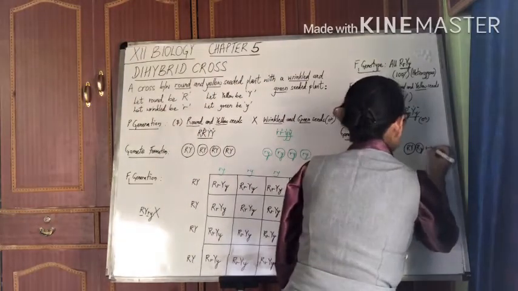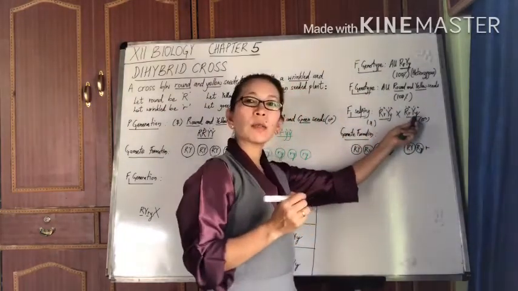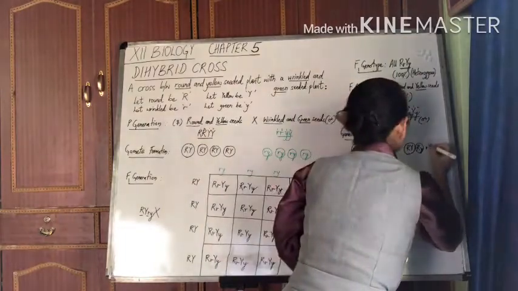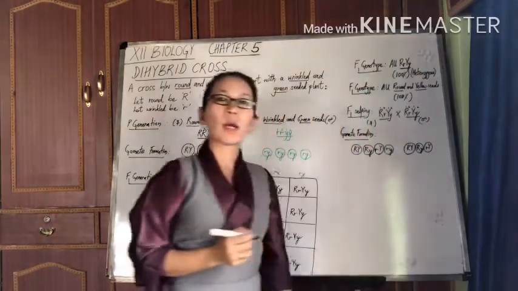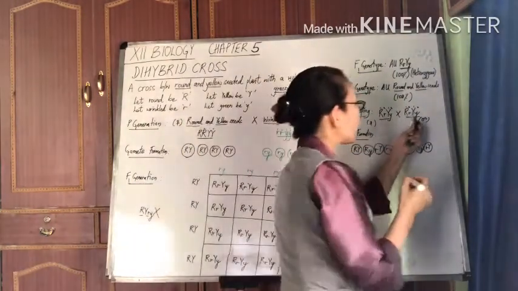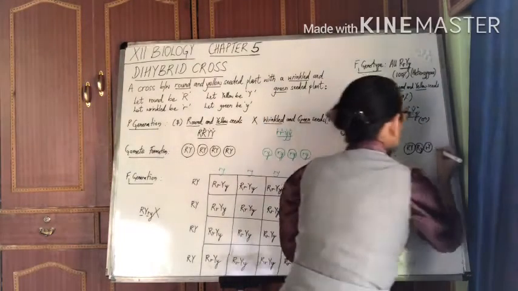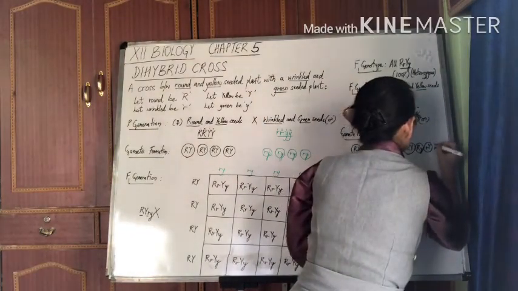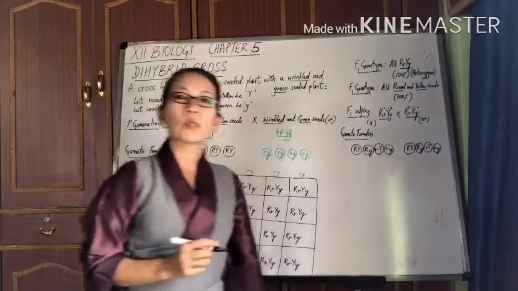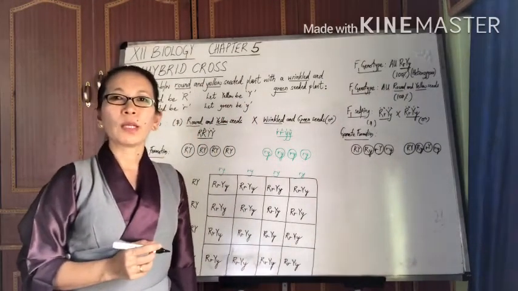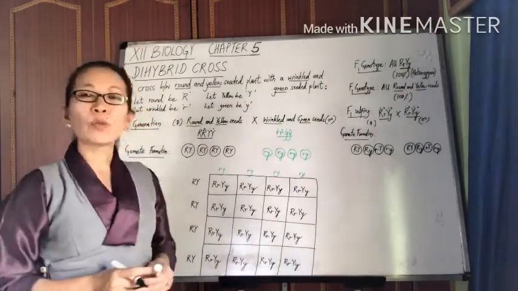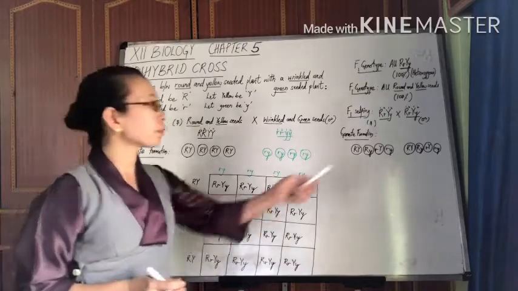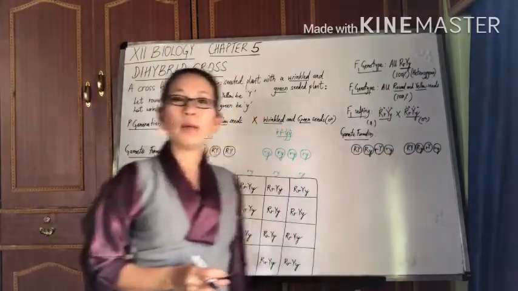The third male gamete would be small r and the first Y, capital Y, which is small r, capital Y. And the last one is the second R with the second Y, which are both small r and small y. In the same way, you have 4 gametes obtained from the F1 male sex cell.